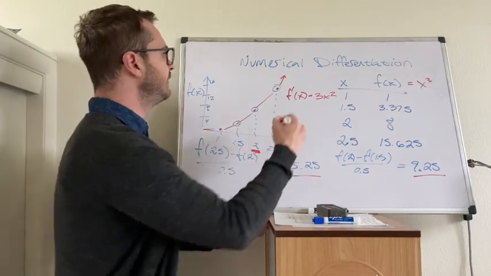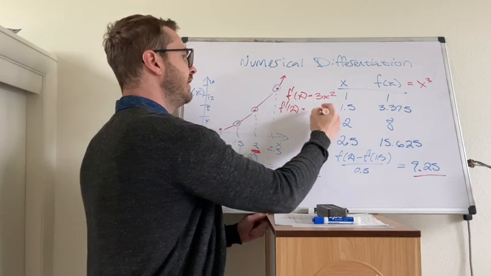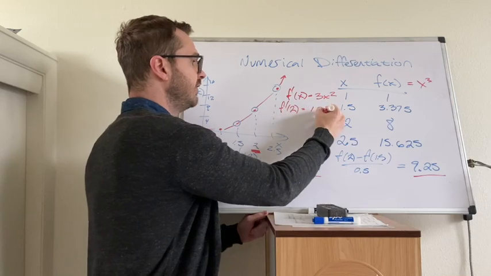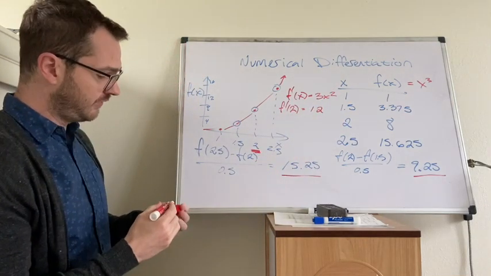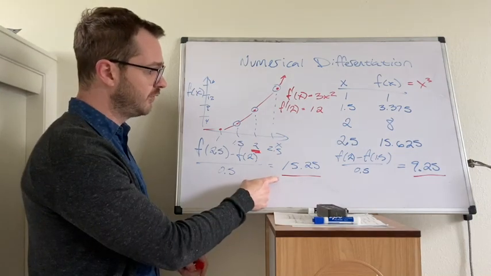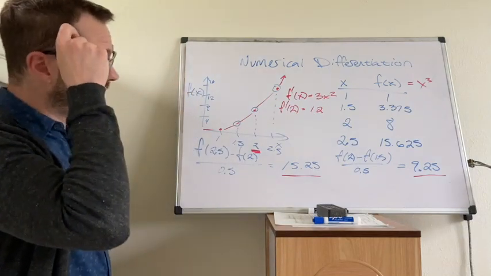So you put 2 in, so f prime of 2 then is going to be 3 times 4, so that is 12. So the answer is 12, and our first two approaches gave us 15.25 and 9.25.